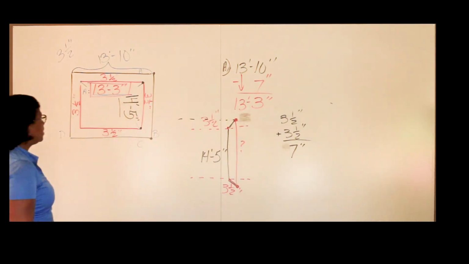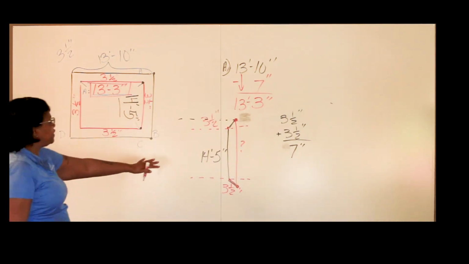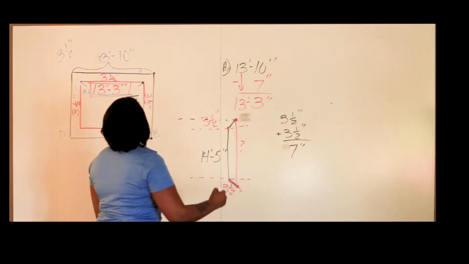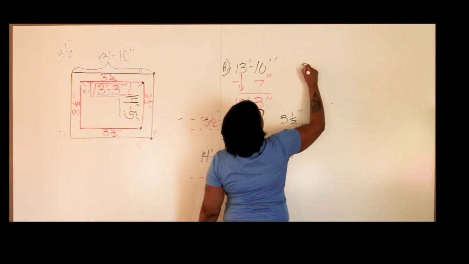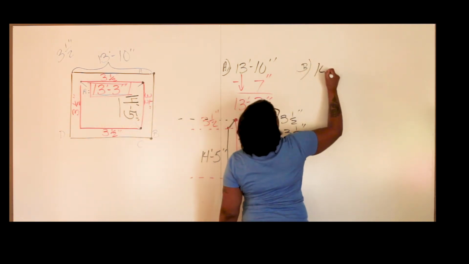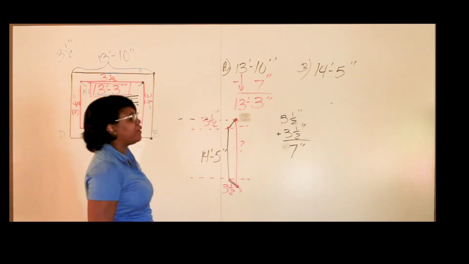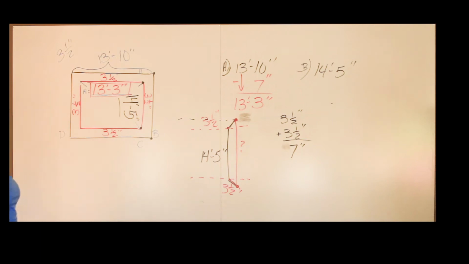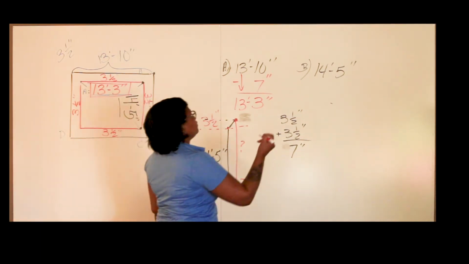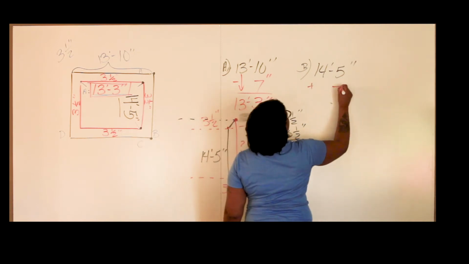All right, so now we need to take the 14 feet 5 inches and in this case, because we want to find something larger, in order to increase, we have to add. So we're going to add 7 inches to the 14 feet 5 inches. Make sure you're lining things up right.